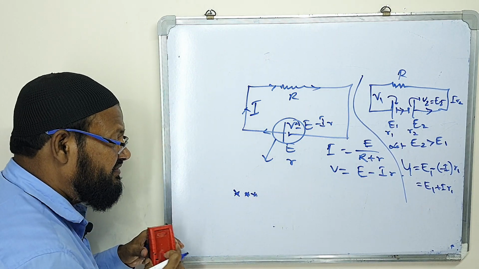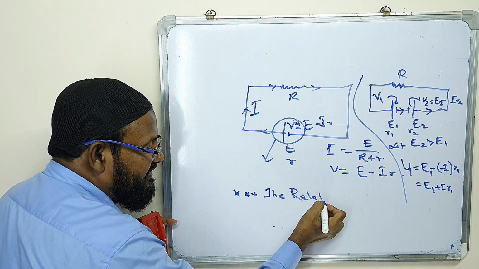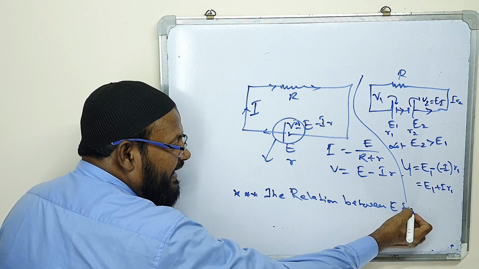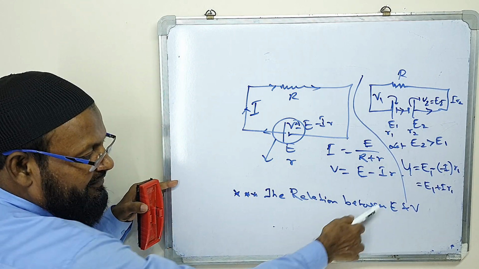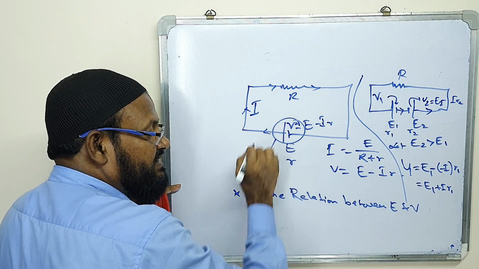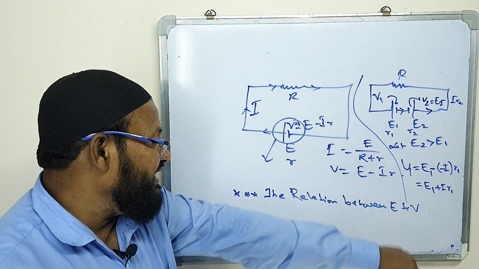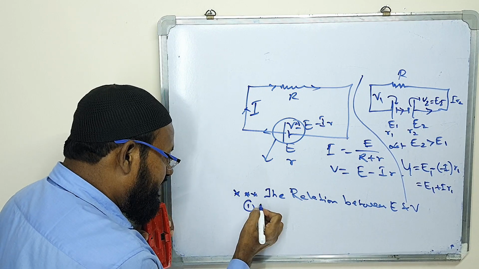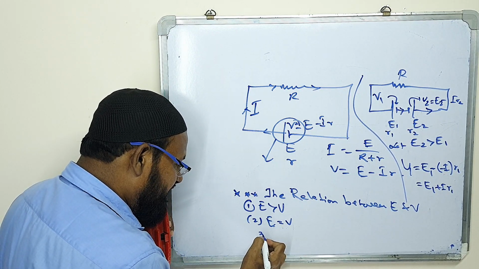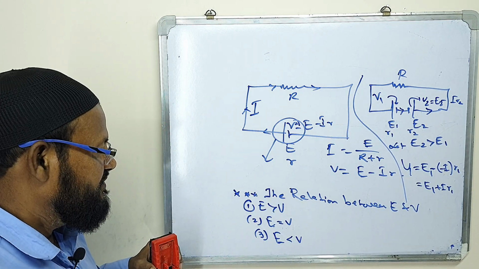I am asking one question. Please be careful. The relation between E, the EMF, and V, the potential difference between the two electrodes: E greater than V, E equal to V, or E less than V. Which one is correct?